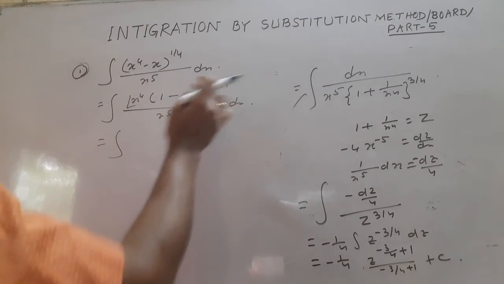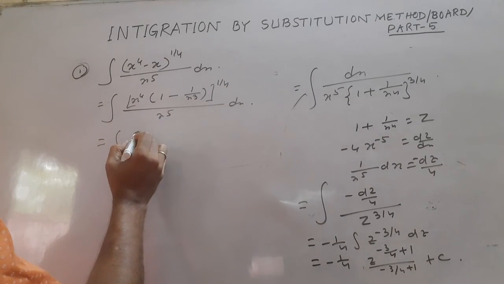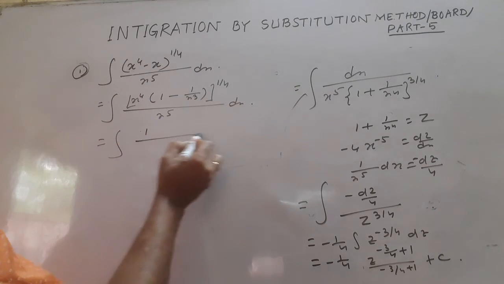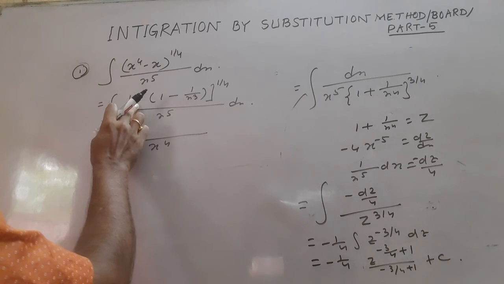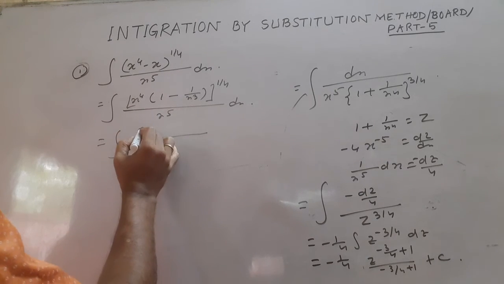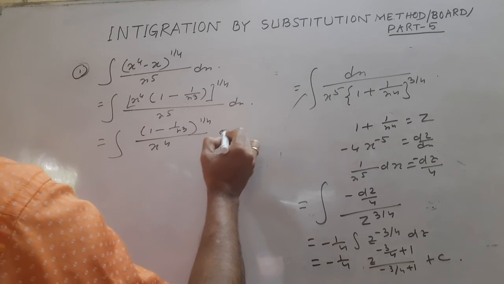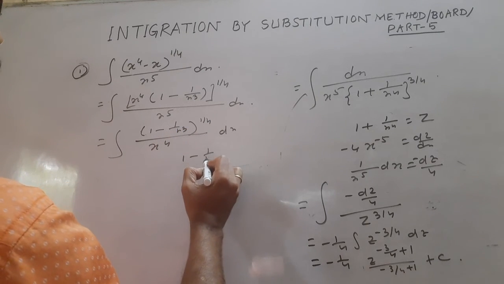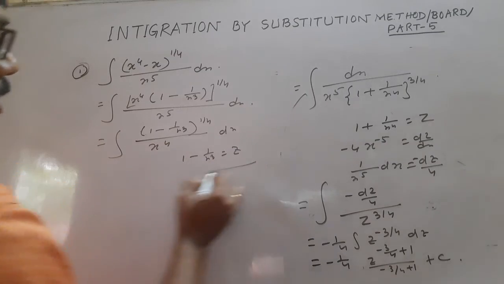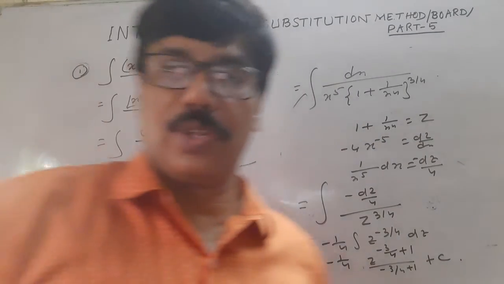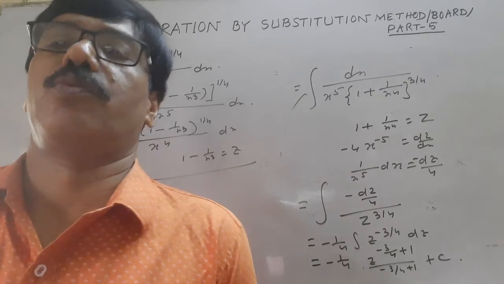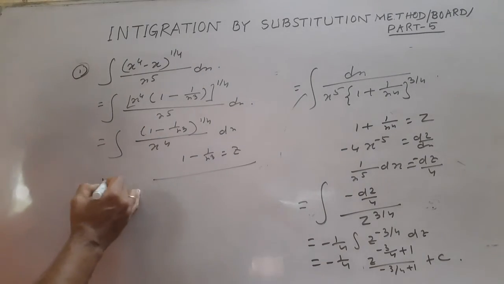So 1 by x to the power 4, x and x to the power 5, 1 minus x cube whole to the power 1 by 4 dx. Now this one equals z. So put the transformation and you get it in standard form.